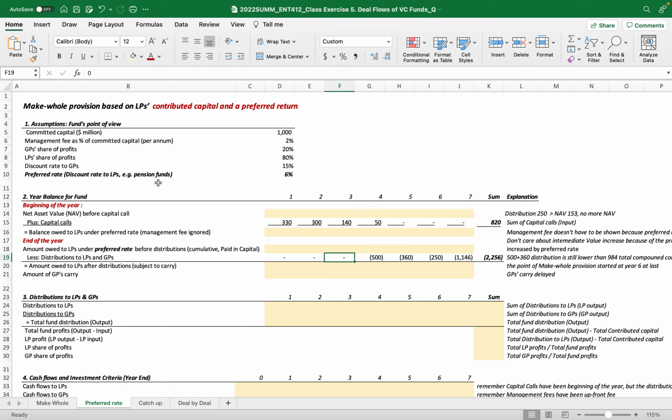It's different from the discount rate of the GPs, right? So we always look at this borrowing rate or discount rate from the investor's point of view. Now the pension fund is the LP, right? In this case, the 6% must be secured every year, on a compounding basis.